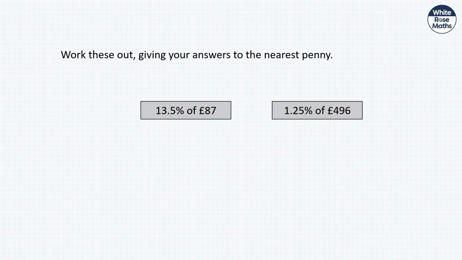Work out these, give me your answer to the nearest penny. Okay, now I'm going to cheat here a bit because I want to save time, so I'm going to do it on a calculator. This essentially is doing 0.135 multiplied by £87.